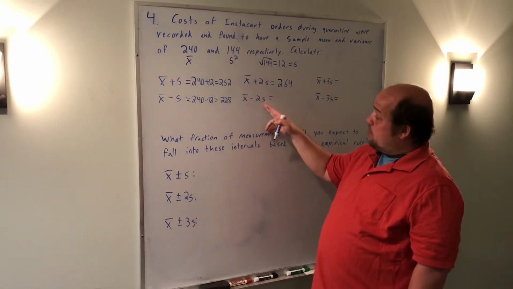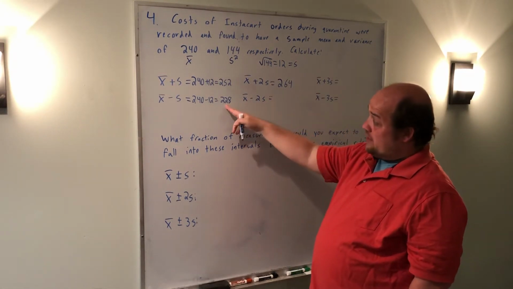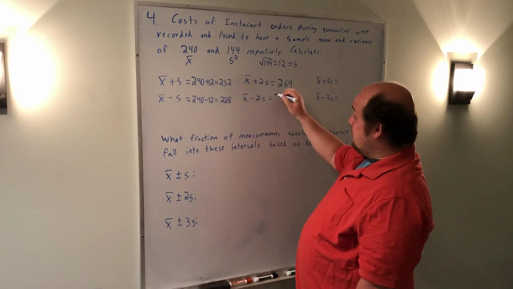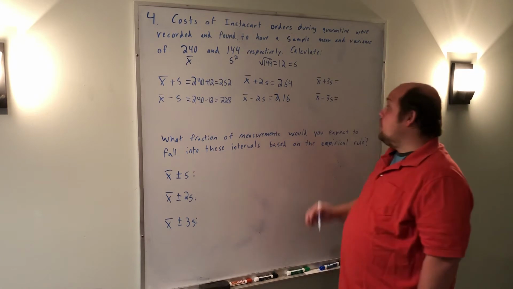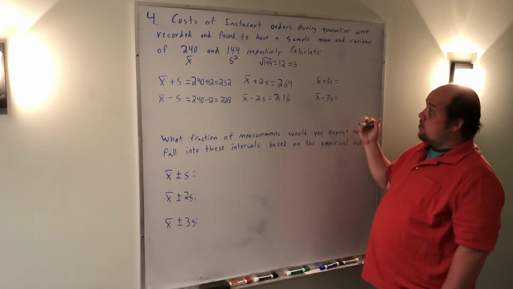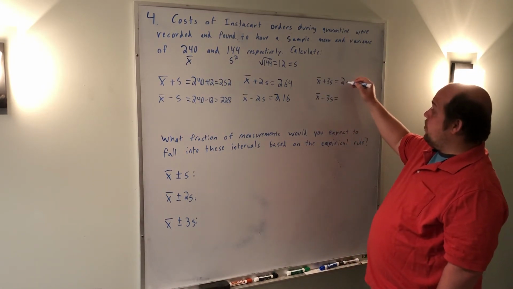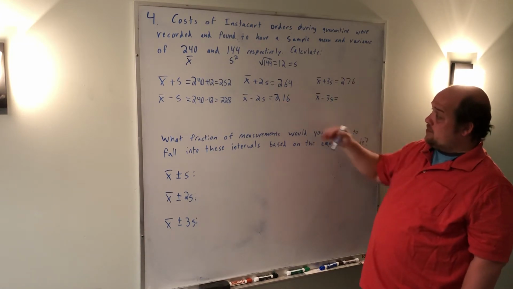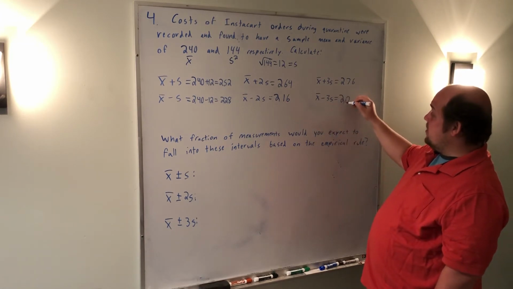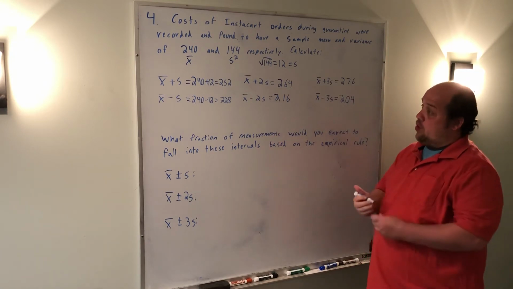When I do X bar minus 2S, I'm really subtracting 24 from this. That's why I end up with 216. When I'm adding 3S, I'm adding another 12 to this, so I end up with 276. When I'm subtracting 3S, I'm subtracting another 12 from this, so I end up with 204.